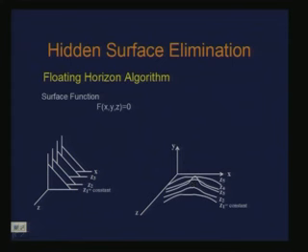Now what we are trying to do is figure out what portion in that function should be visible, and there is an implicit order in which we are looking at this, from front to back. That means the frontmost is z1, then z2 and so on.